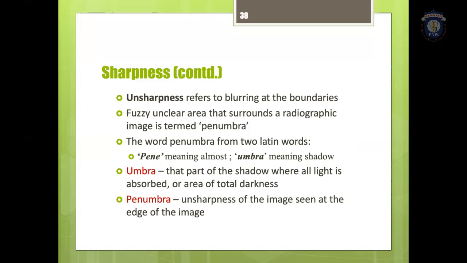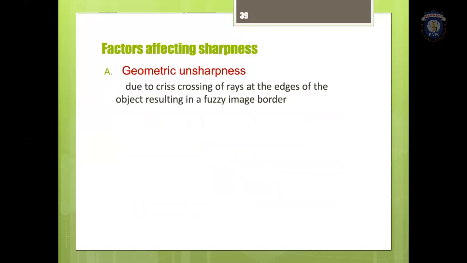The word penumbra comes from two Latin words, pen meaning almost and umbra meaning shadow. Umbra is the part of the shadow where all light is absorbed, an area of total darkness. Penumbra is an unsharpness of the image seen at the edge of the final image.